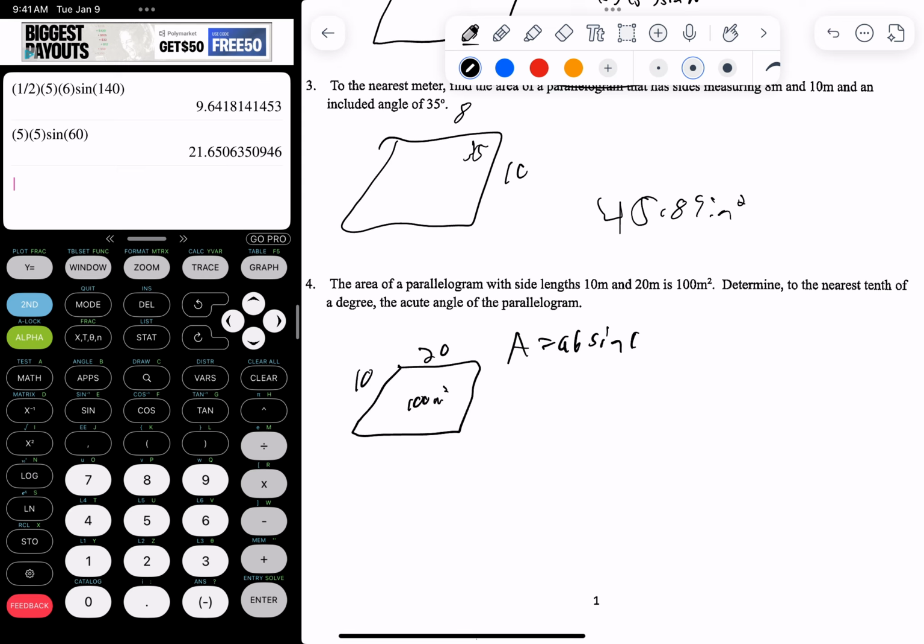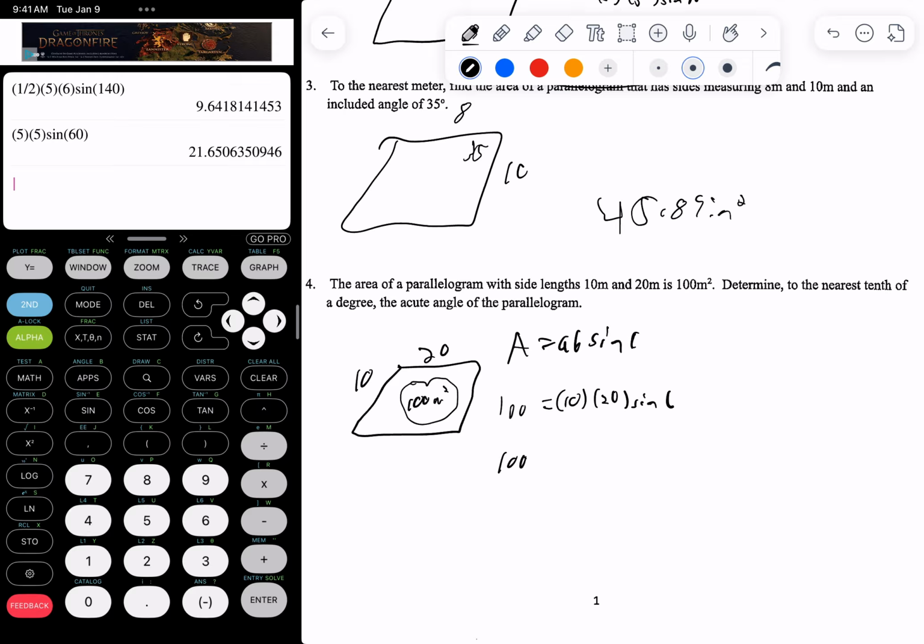Since we already have the area, which is 100 meters squared, we're going to fill in the A. So 100 equals 10 times 20 sine C, since we don't have sine C. Since 10 times 20 is 200, we divide by 200 on both sides.